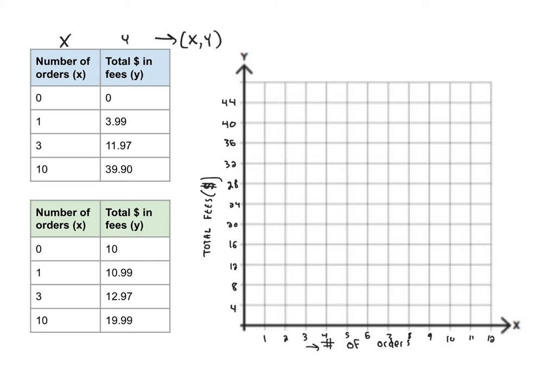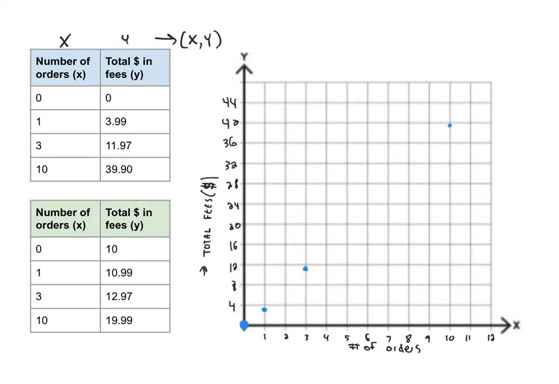Your x-axis is the number of orders, your y-axis is the total fees, and for your scale on those axes, I recommend using a scale of 1 for your number of orders. And because our data points are moving somewhat in groups of 4, I went ahead and scaled my y-axis in whole 4s, and then we're just going to have to be doing some estimating.